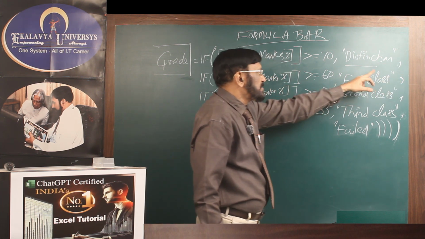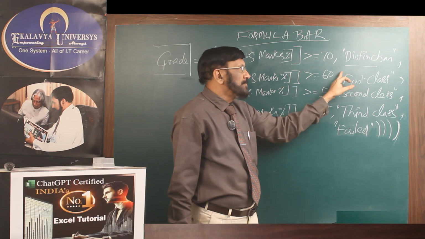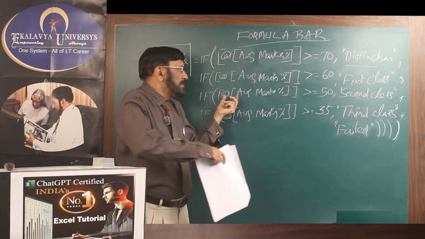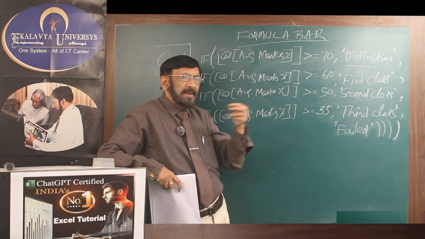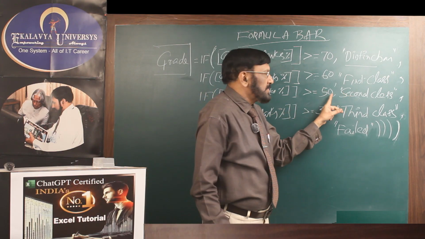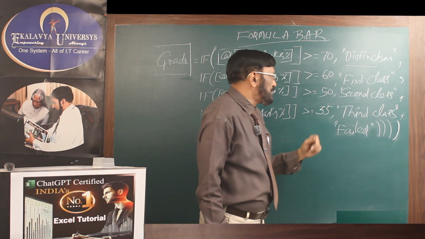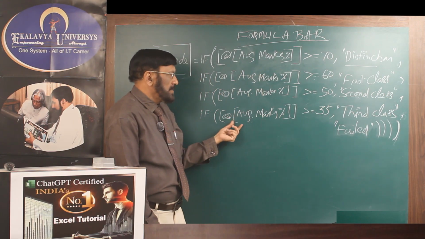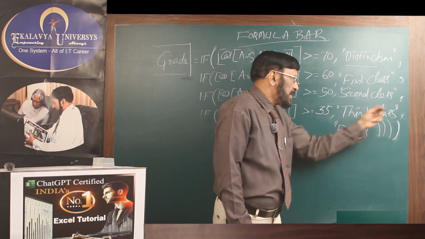Don't forget, it should be written as a string. String means writing enclosed by a pair of double quotes. Thereafter, what comes? If average mark percentage is greater than or equal to 50, that means 50 to 59. That you need not write. Just second class, then comma. Thereafter, if average marks are greater than or equal to 35, third class, thereafter comma.